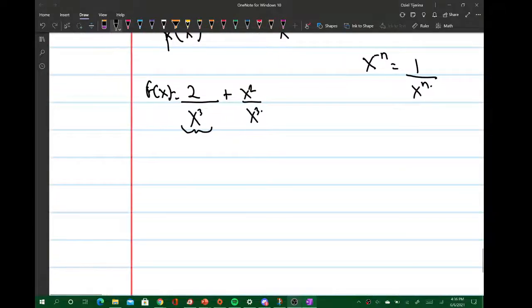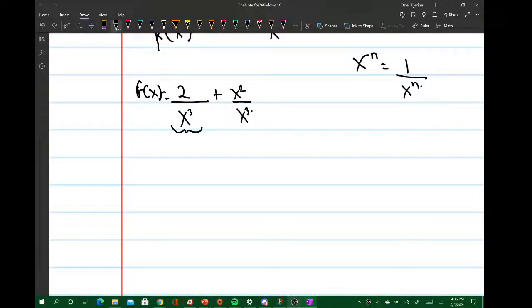Now, what does it mean in terms of this? That means this is going to be equal to 2 times 1 over x cubed, and then plus x to the negative 1, and you can keep it as a negative, because that way you can do power rule.